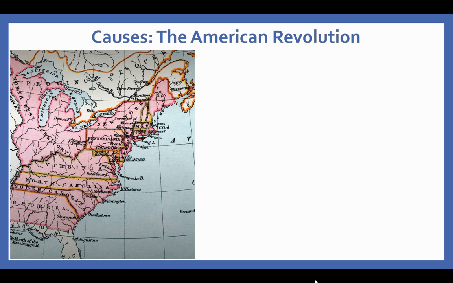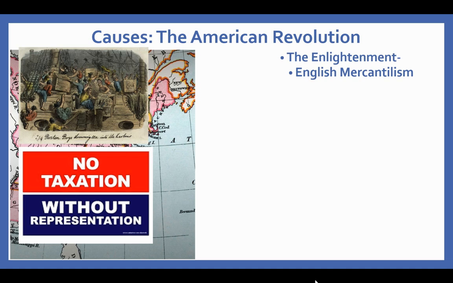So when you look at the causes, being nationalism and being the Enlightenment, the first thing that we have to bring up is English mercantilism. The British had ruled the 13 colonies of America as a maritime empire. As you know, the job of these colonies was to provide wealth.